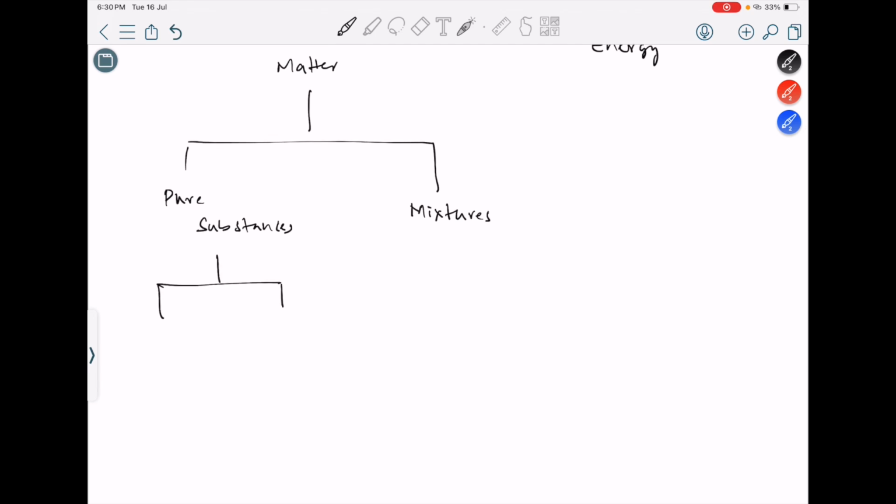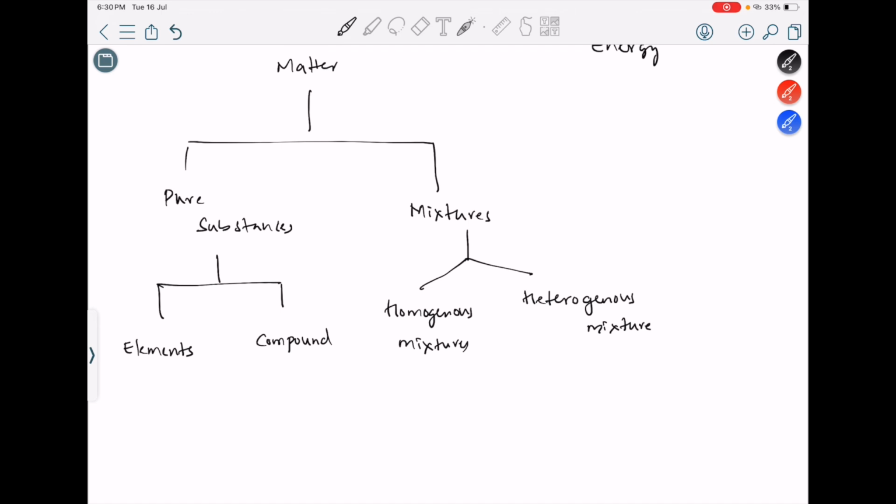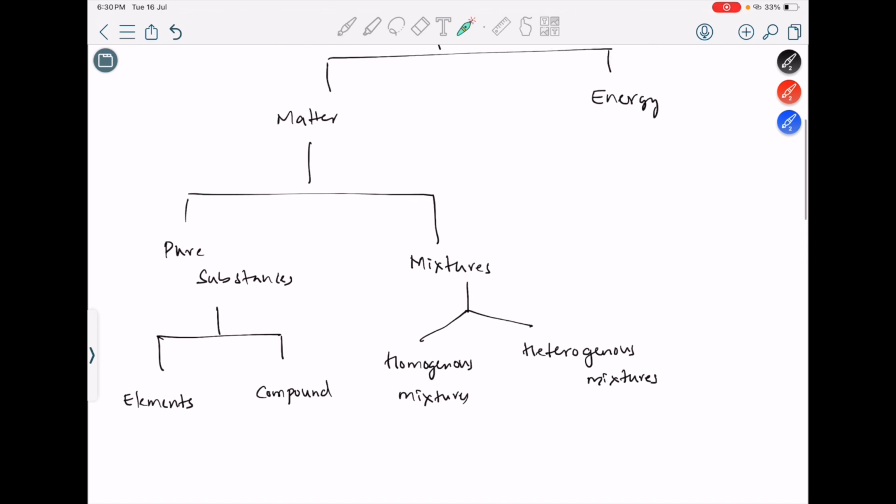These pure substances are further classified into two more categories, elements and compounds, whereas mixtures are classified into homogeneous mixtures and heterogeneous mixtures. I hope I'm clear till here.